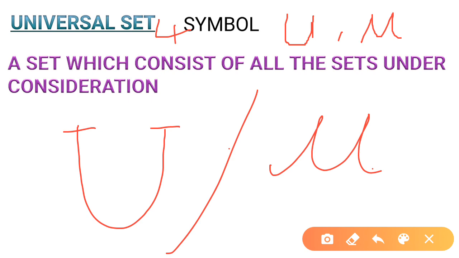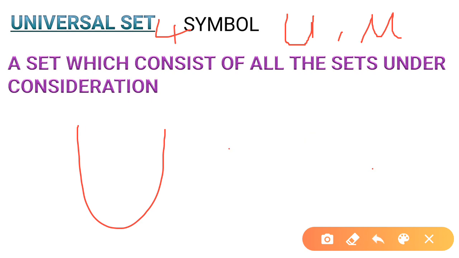These are the symbols. Otherwise the universal set is denoted by these symbols, right? And so what is universal set? A set which consists of all the sets under the consideration.